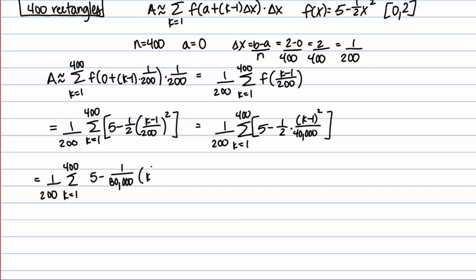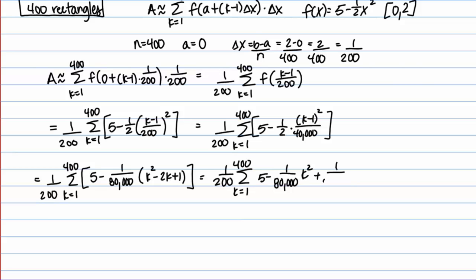That was k squared minus 2k plus 1 if you FOIL it out. So if I distribute that 1 over 80,000, I have 1 over 80,000 k squared, 2 over 80,000, which is 1 over 40,000, and this should be plus because it's minus a negative. Minus 1 over 80,000.